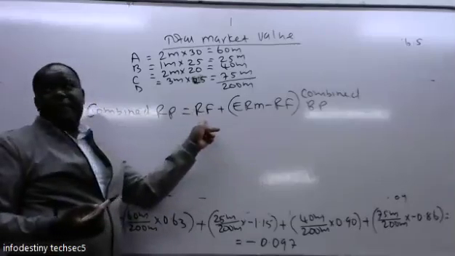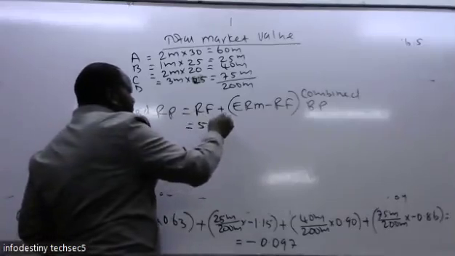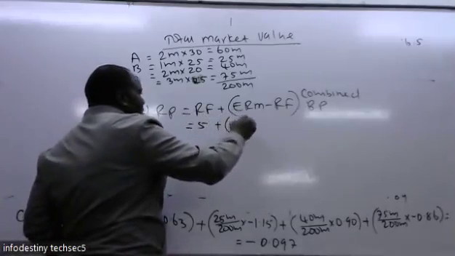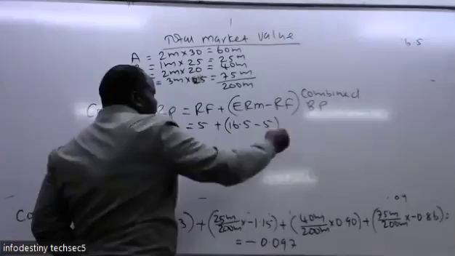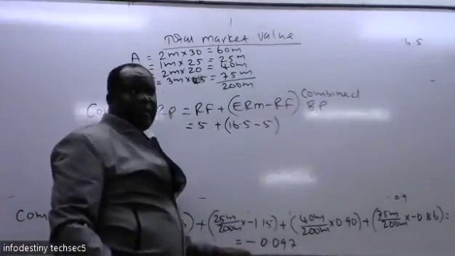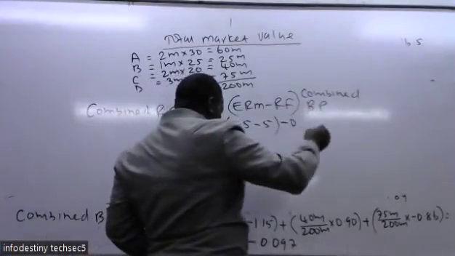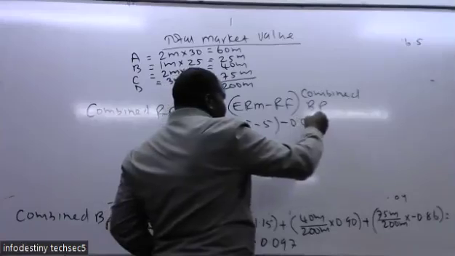So you remember the risk-free rate? It was 5. We remember expected return for the market, and it also minus. So this combined beta for the portfolio, we need to calculate, let's say, negative 0.096.